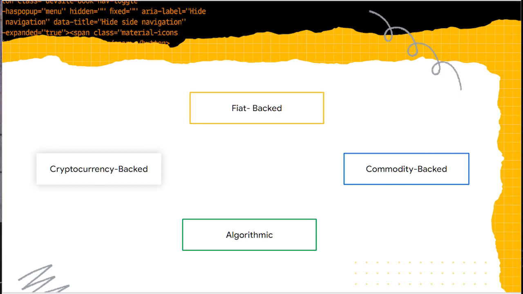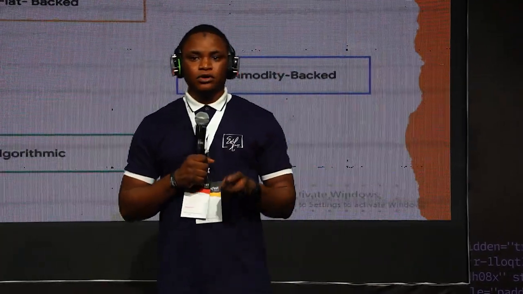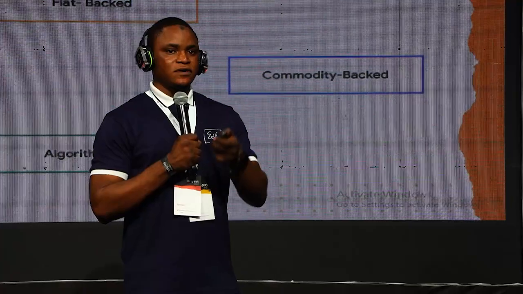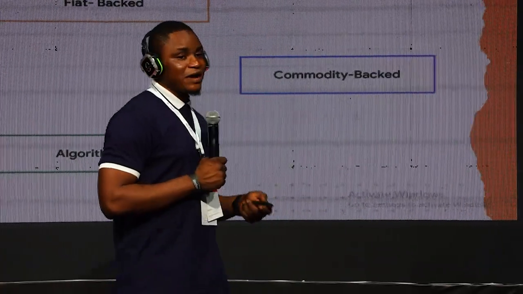It's backed by real world gold. Some of them are backed by oil, by investments, or by gold. That's another category of stablecoins, where the coins are backed by the real world.